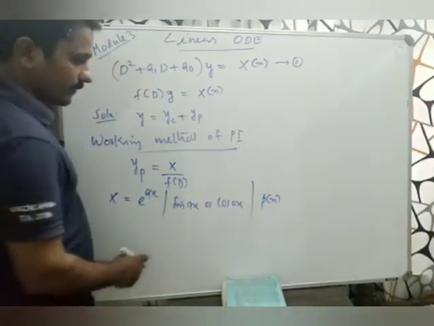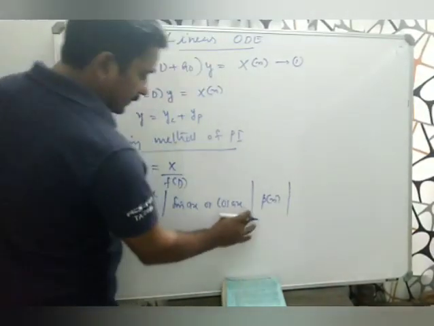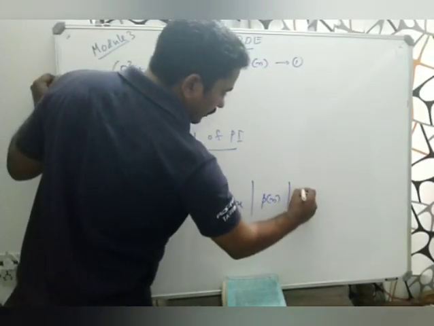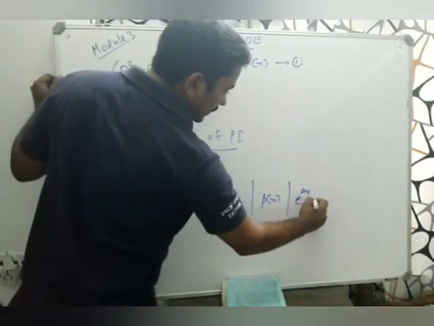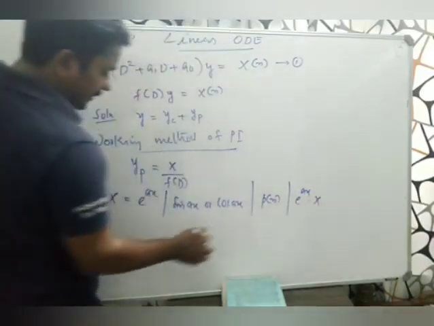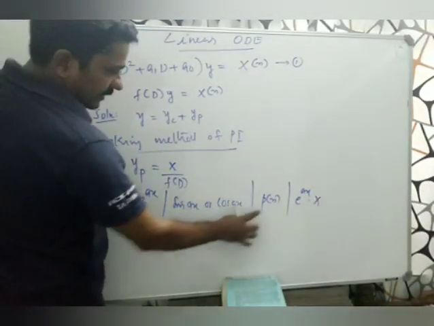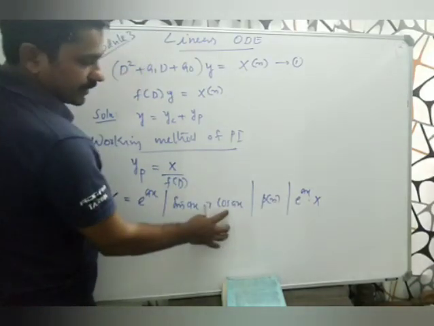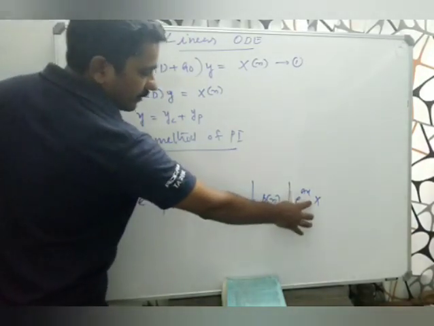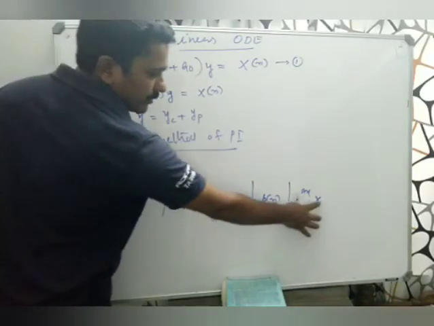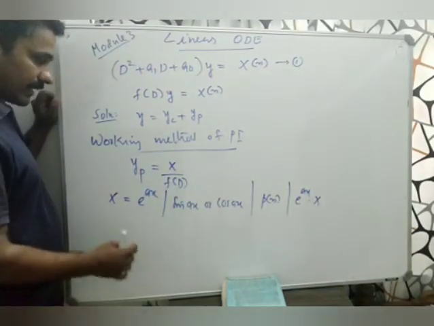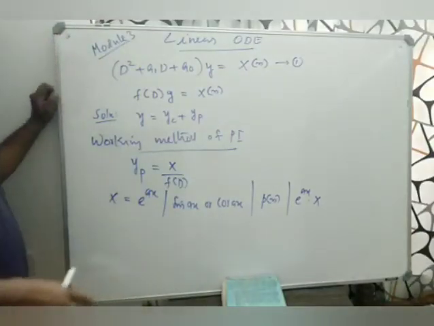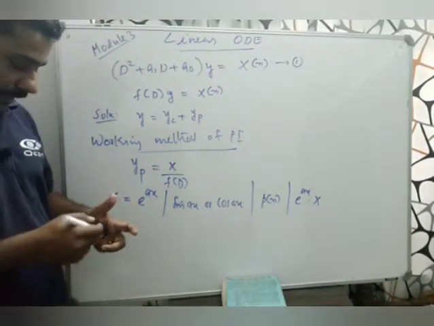And then e to the power ax times X, that means a combination like e to the power ax sine bx, or e to the power ax cos bx, or e to the power ax times another polynomial, like x square plus 1. So these are the four different kinds of functions of which we can find the particular integral.